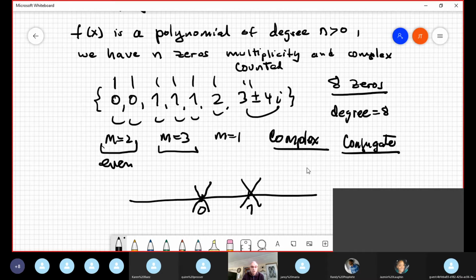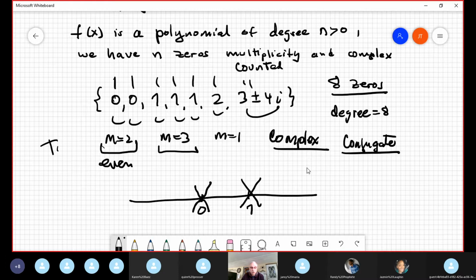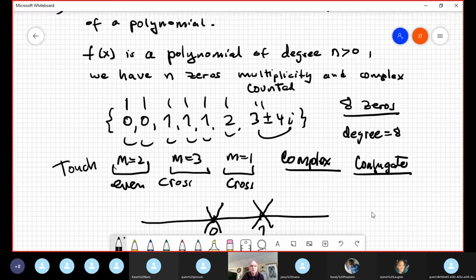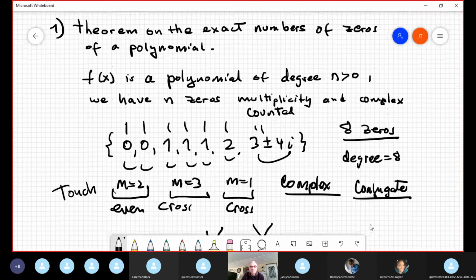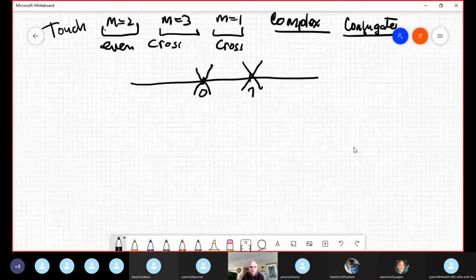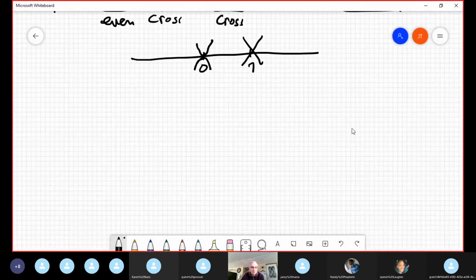O sea, touch or cross. And this also, 1 is cross. And complex never, because complex lives in another dimension. It's not real. Okay, do you understand the first idea for the first theorem or theoretical idea for the zeros of the polynomial?